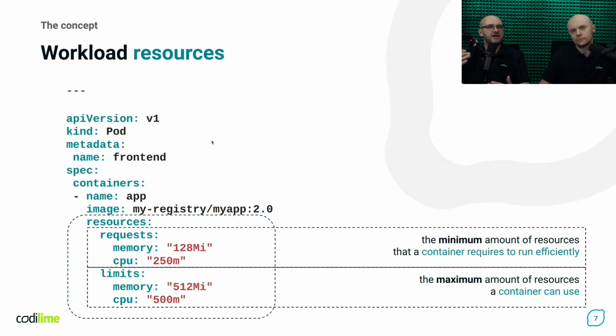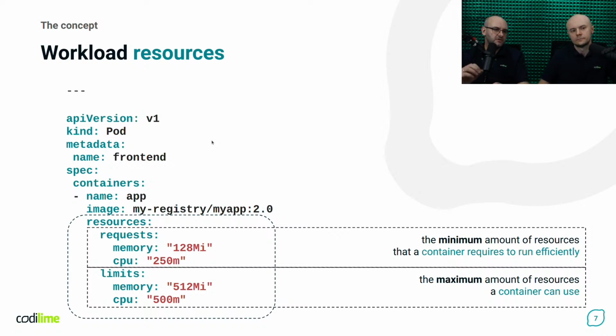And limits are higher and are usually set for accommodating sudden spikes in resource consumption. But the container cannot reach more than the limits. If it tries to do so, it can be evicted from the cluster or slowed down.